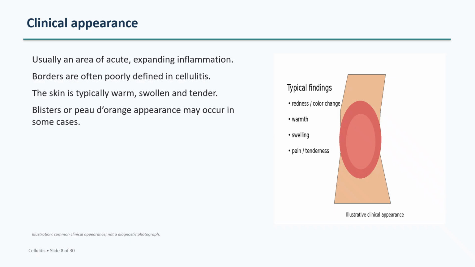Borders are often poorly defined because the inflammation occurs due to increased vascularity at the site. So at the borders, they are not precise. They are poorly defined, but we will see inflammation where cellulitis happened, and we can see warmth at the place of the disease, and it is swollen and tender. Blisters and an orange peel appearance may occur in some cases.